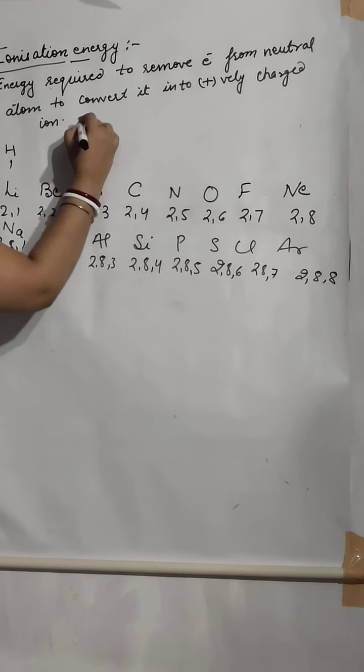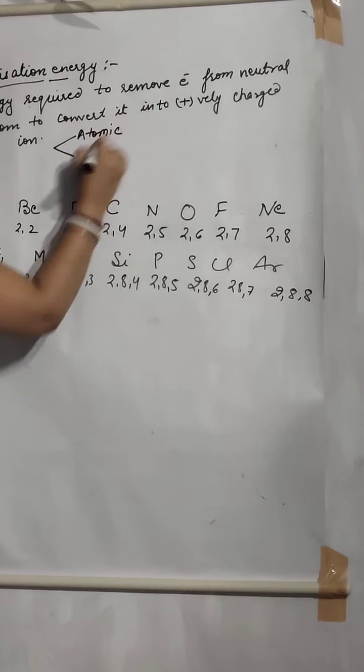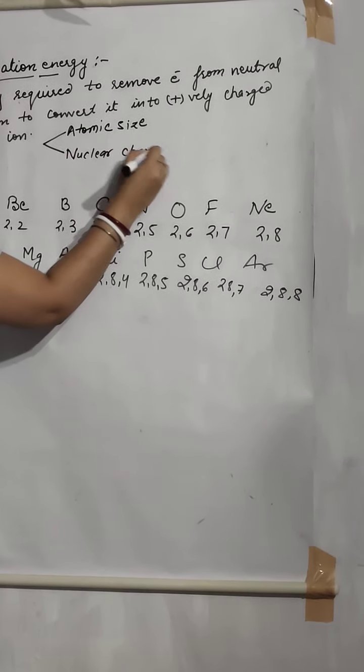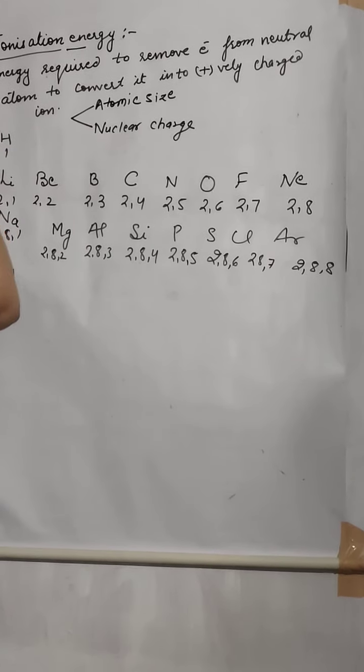This ionization energy also depends on two factors. First one, atomic size, and second one, nuclear charge. You all know, when you move down the group, what happens? Atomic size increases and nuclear charge decreases.